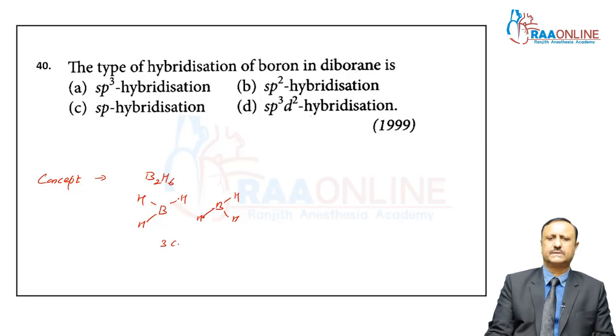So, it is called a 3-center 2-electron bond, because, my dear students, here you can see 1, 2 and 3 centers are present, and a 2-electron bond is present across the 3 centers.